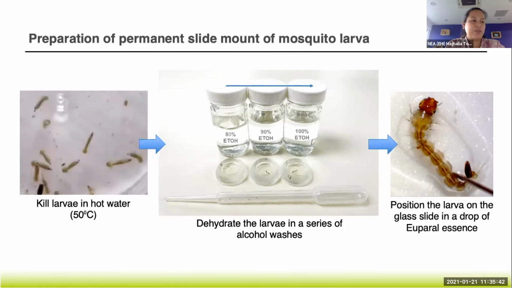But for us, 50 degrees works. If 60 degrees is okay for you, and it doesn't cause your sample to distend, then that is okay. We use the 80% alcohol on the assumption that your larvae is also filled up with water. So that will dilute your alcohol.